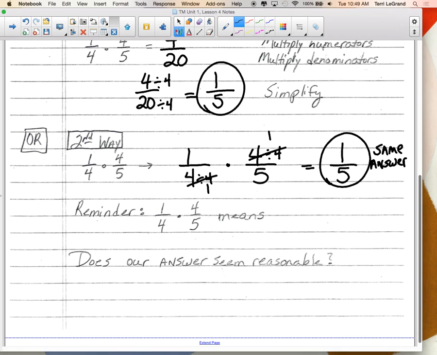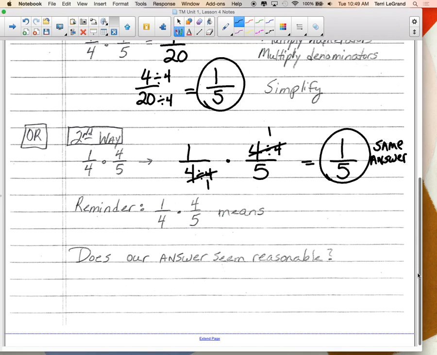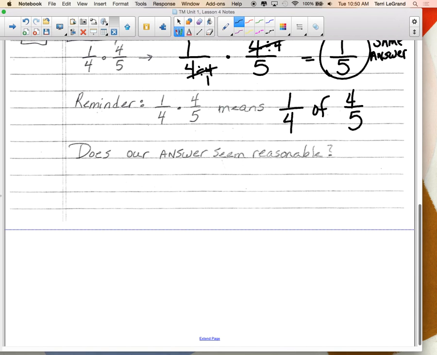Okay, so remember we said this already. Reminder, 1/4 times 4/5 means 1/4 of 4/5. So does that seem reasonable?